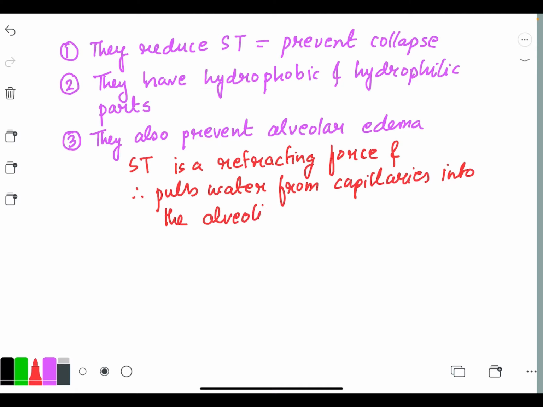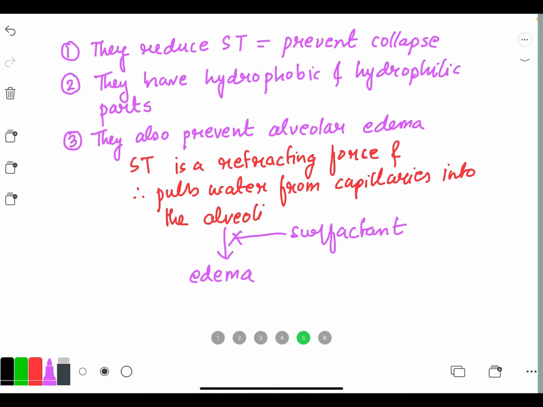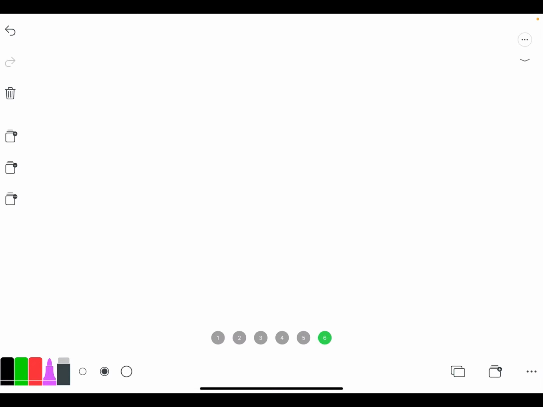So if this is not stopped, then there will be edema. But surfactant actually stops this, and therefore also prevents alveolar edema or pulmonary edema. Now coming to the last part, I will discuss the main surfactants that are present.